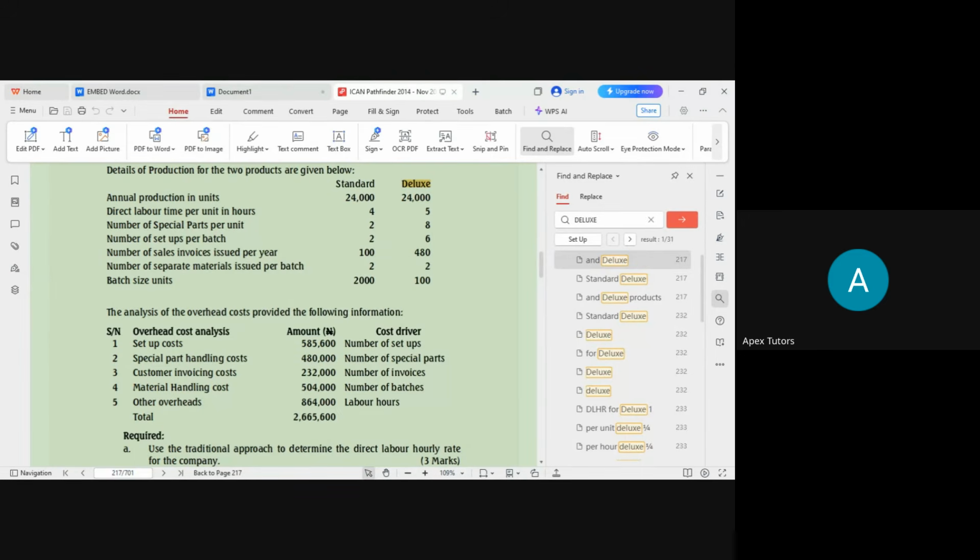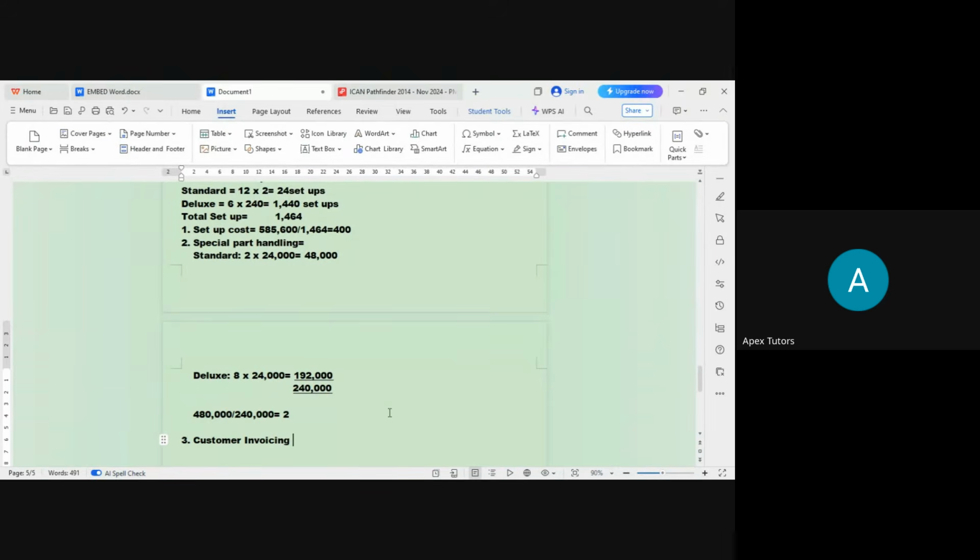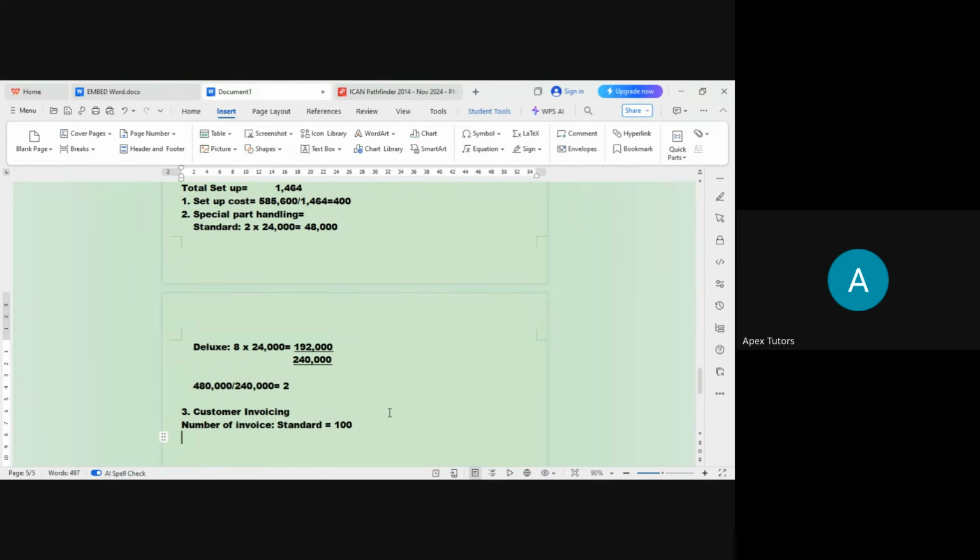Let me write that so that we'll not have story later. Number of invoices: standard is equal to 100, the loss is equal to 480.